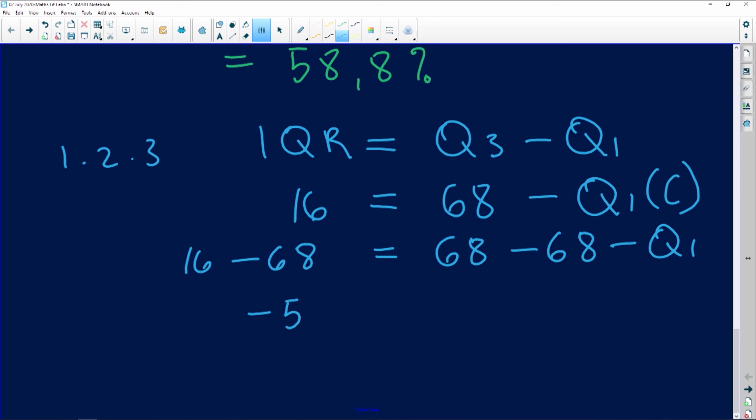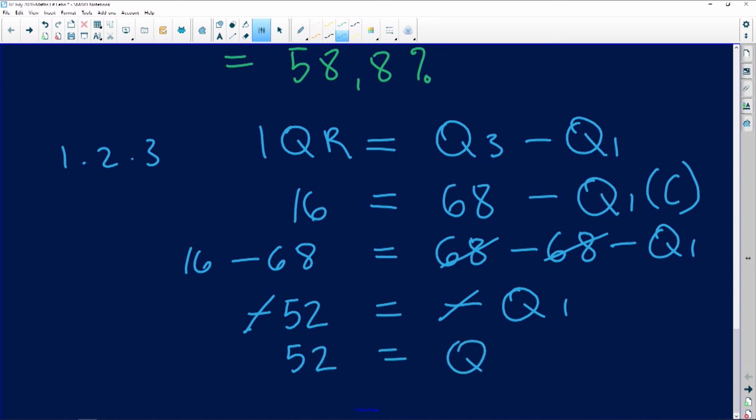Percentage can't be negative, but don't be scared. These two will subtract each other and I'm left with negative Q1. Because I am left with negative Q1, I can divide both sides by negative and cancel those two. Therefore, Q1 is 52, and Q1 is also known as C.